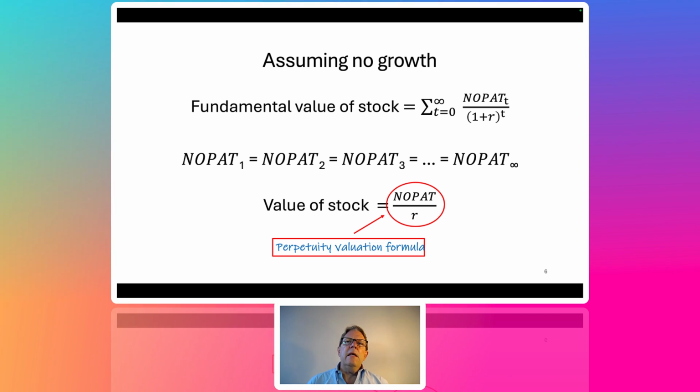So if he can convince the owner to sell at 10 times what he thinks is that steady state, no growth NOPAT, or he uses owner's earnings, then he's effectively paying earnings power value. That's what he's paying for. He's getting everything else for free. He's getting growth for free. So again, that's both his margin of safety as well as his upside. He's not paying for it, so he gets it for free.